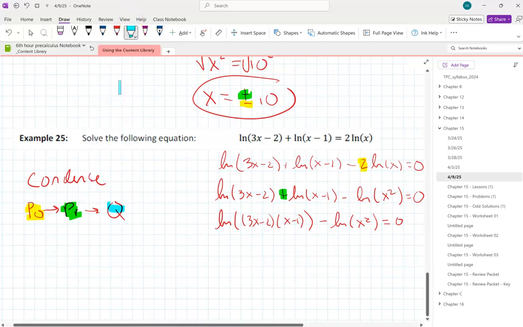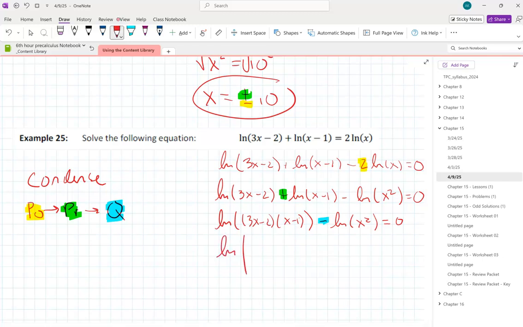And then last, we look for the quotient property. That's the difference of 2 logarithms. And the quotient property allows us to write subtraction outside our logarithm as division inside our logarithm.